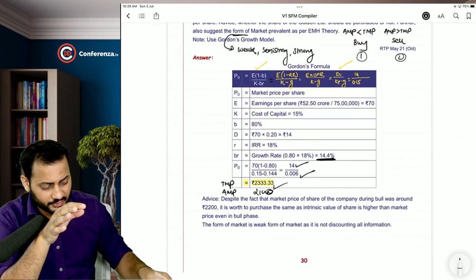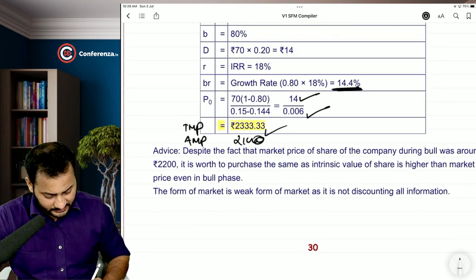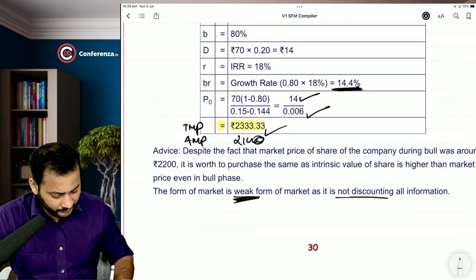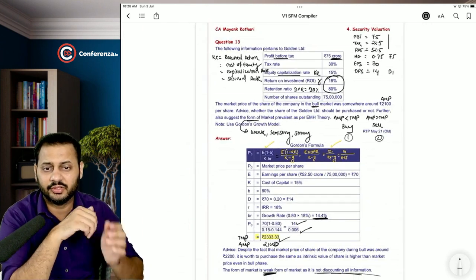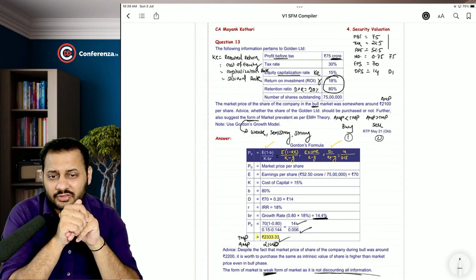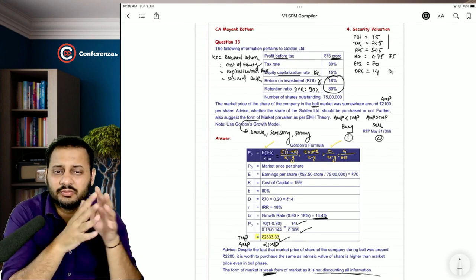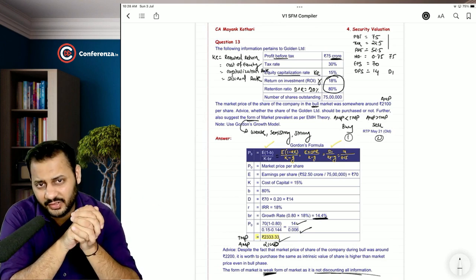Although there is not much information given in the question, and the question clearly says that it is a weak form of market efficiency because it is not discounting all information, the other information is also not given to you in the question, so I am not pretty much satisfied with the final answer of weak form of efficiency in this question, but there is nothing that we can do. This was the question asked in RTP May 2021.